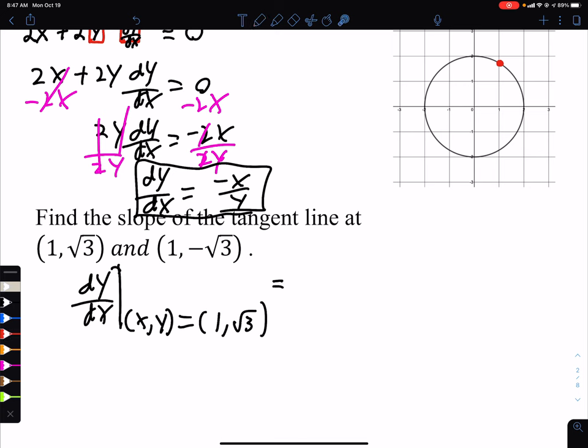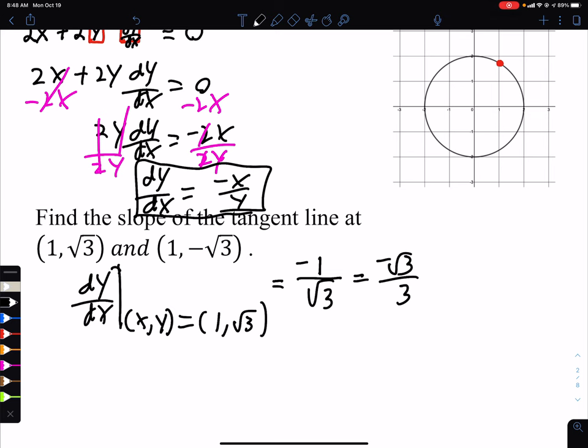We take our equation here, and we replace x with the 1 and y with the radical 3. So we get negative 1 over radical 3. There's our answer. Now you can leave it like that. If you want to rationalize it, you would get that. Either form is fine. But that is the slope at that point. Negative 1 over radical 3.